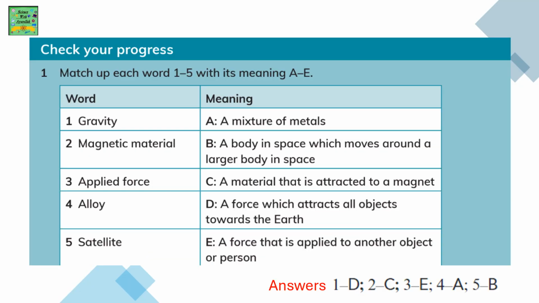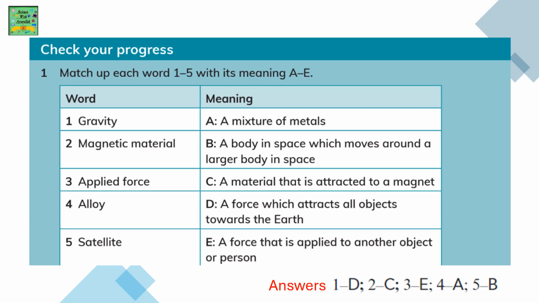Match up each word 1 to 5 with its meanings from A to E. The first word is gravity, and its meaning is D, that is, a force which attracts all objects towards the earth. Second, magnetic material, and the meaning is a material that is attracted to a magnet.